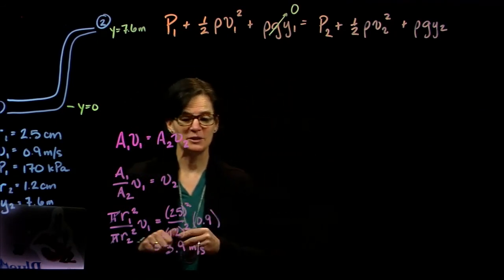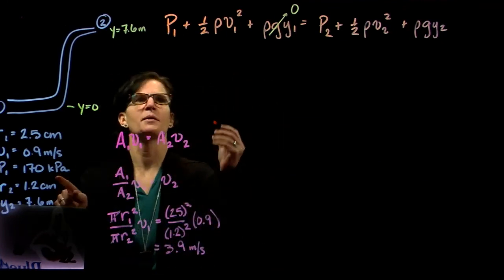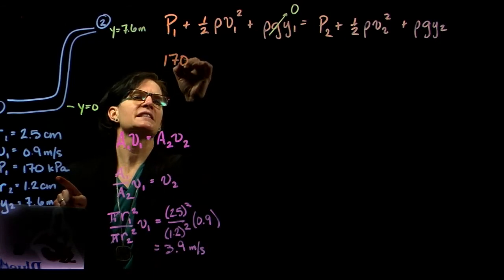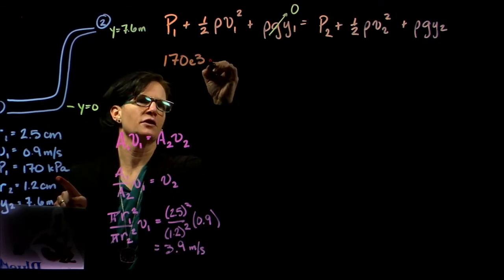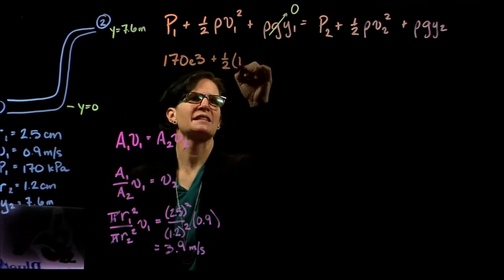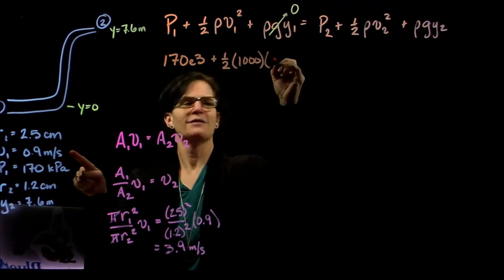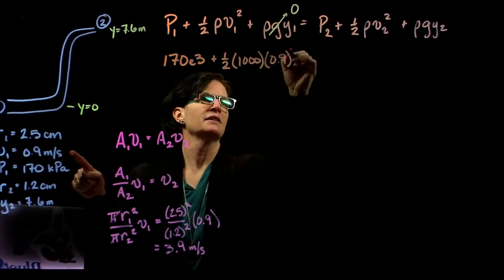All right, now we can utilize that and our Bernoulli's principle to solve this problem. So we have 170 times 10 to the third plus 1/2 rho. We're dealing with water, so that's 1,000 times our initial speed of 0.9 squared.